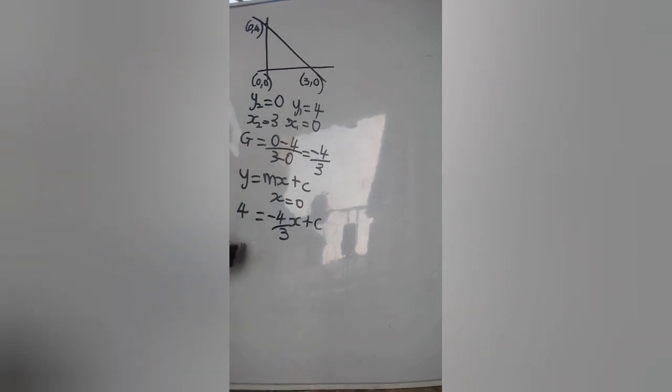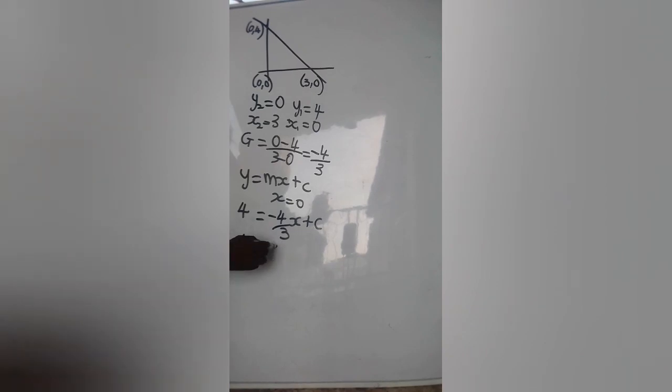Since x is equal to 0, we now have that 4 is equal to c. So we use 4 for the constant, and it means that y is equal to minus 4 over 3 x plus 4.